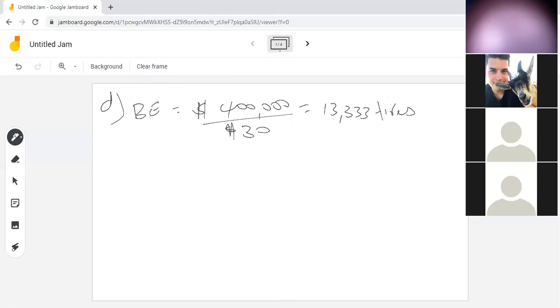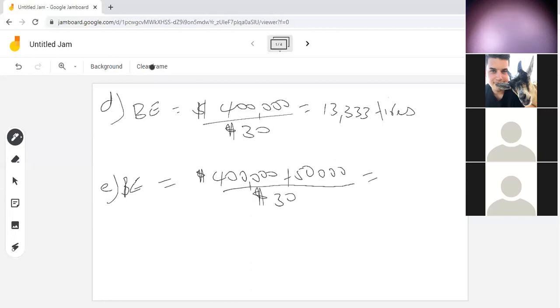So E is just saying that we are going to include the interest as a part of the fixed cost. If we're going to include it as a part of the fixed cost, then we would just be adding it to the fixed cost. So that would be 400,000 plus 50,000 over our contribution margin of $30, and this should produce 15,000 tires.